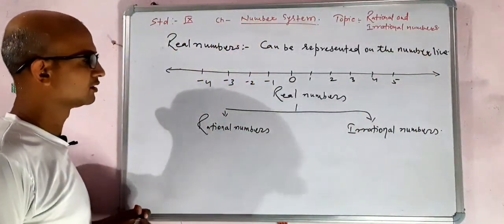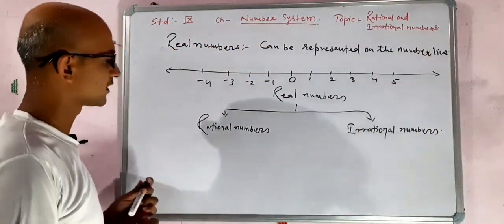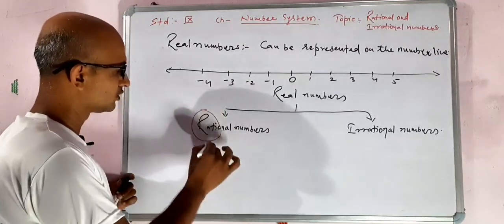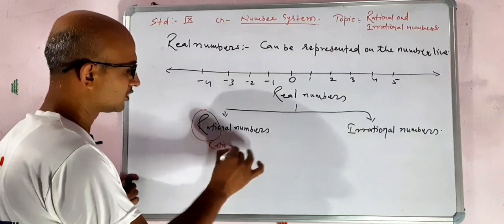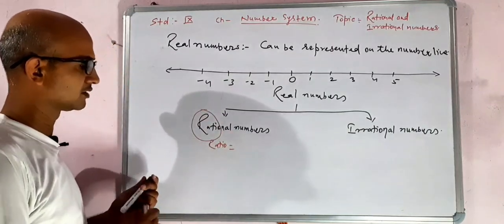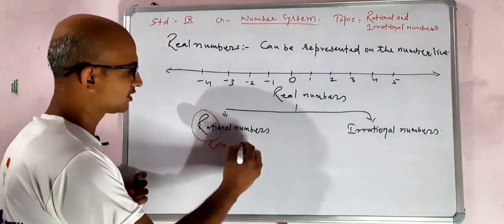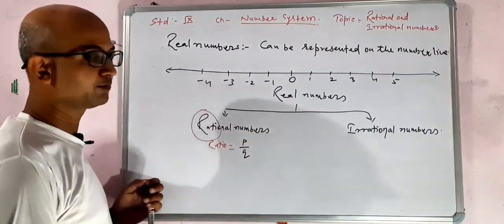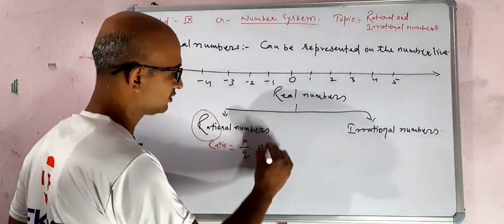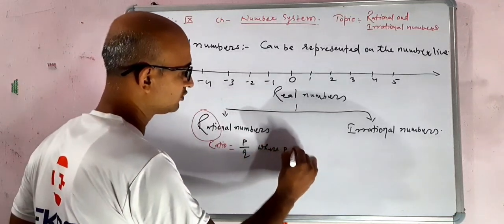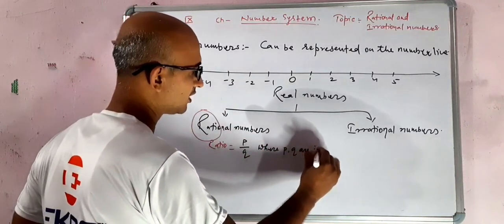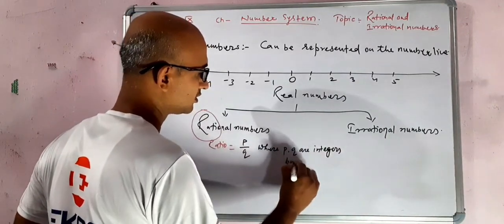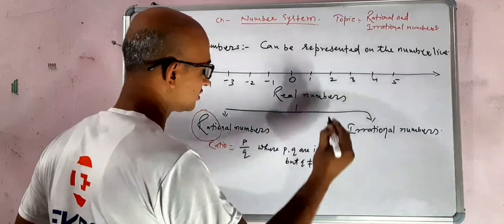Rational numbers. The word rational came from the word ratio. Ratio of two integers. That is, rational numbers are in the form of p by q, where p and q are integers, but q should not be 0.